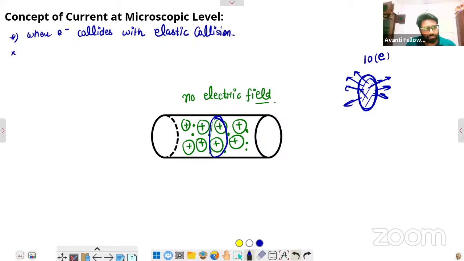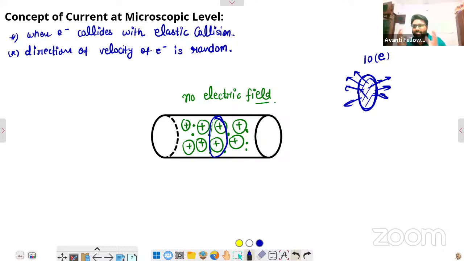So the direction of velocity of the electron is random. Then you can ask why the electron is moving when there is no electric field present. It is moving because of thermal motion, thermal kinetic energy.